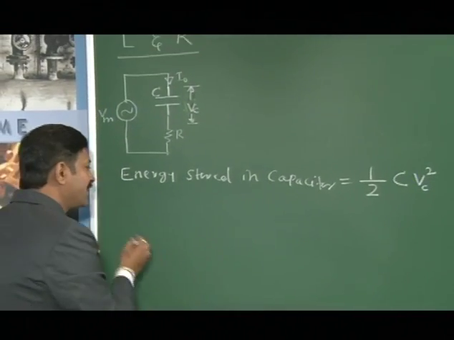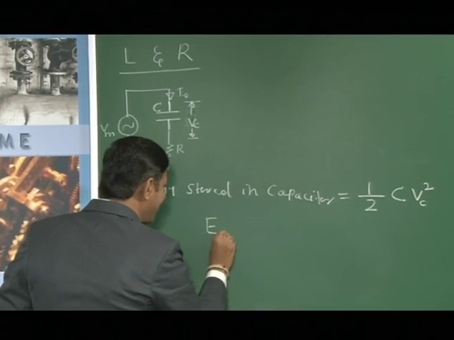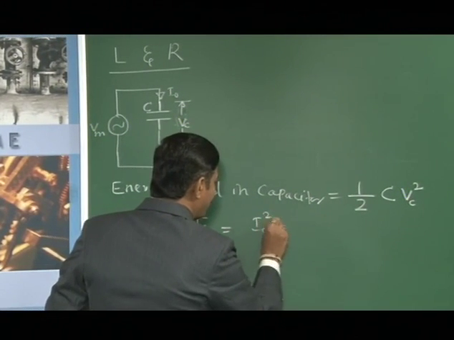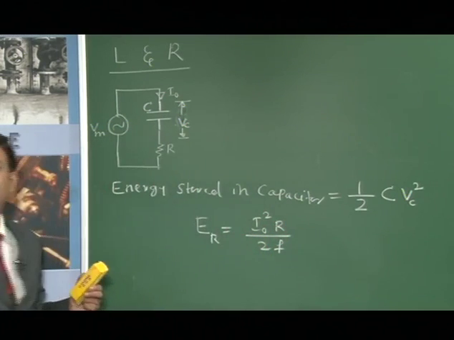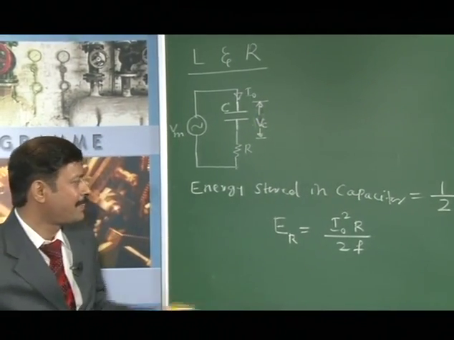Already we know the energy dissipated in the resistor. Straight away I will write ER is equal to I naught square R by 2F. Already in the previous expression we have derived this.